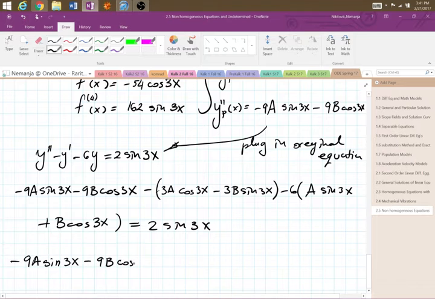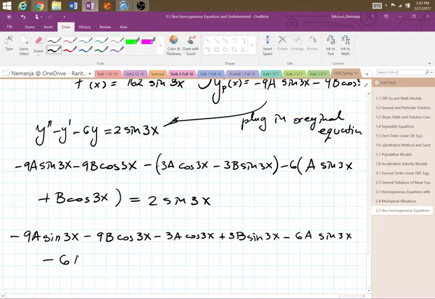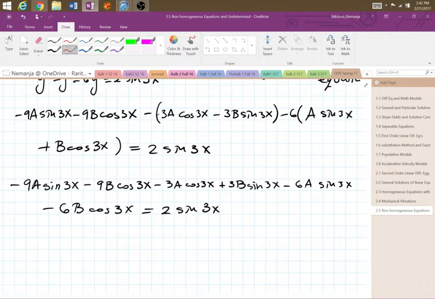9b cosine 3x minus 3a cosine 3x plus 3b sine 3x minus 6a sine 3x minus 6b cosine 3x equals 2 sine 3x. Now in red I have the terms with sine.